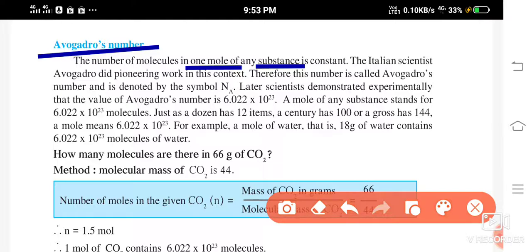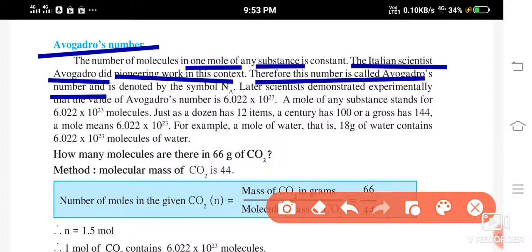Now see, the Italian scientist. So who was this Avogadro? He was an Italian scientist and he did pioneering work in this constant. Therefore, this number is called Avogadro number. I will show you a clip about him.